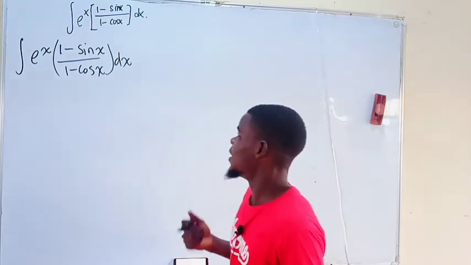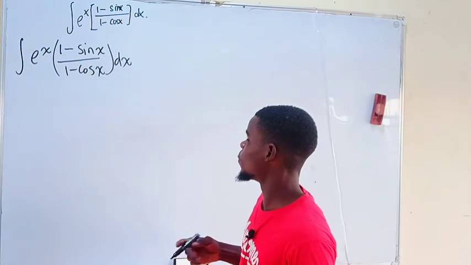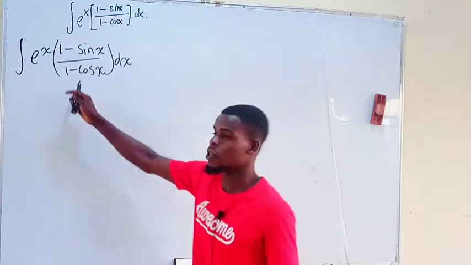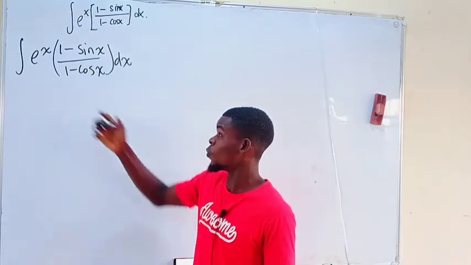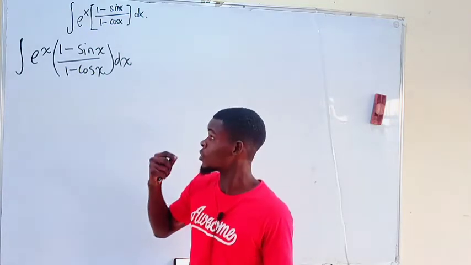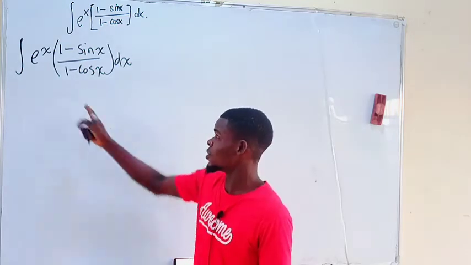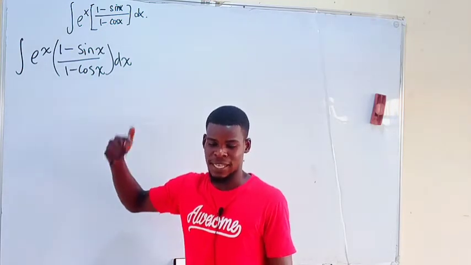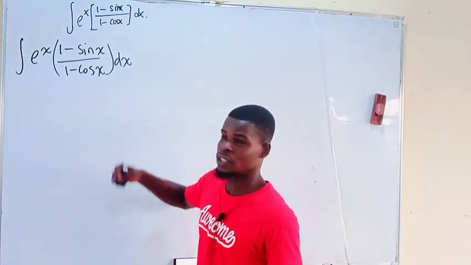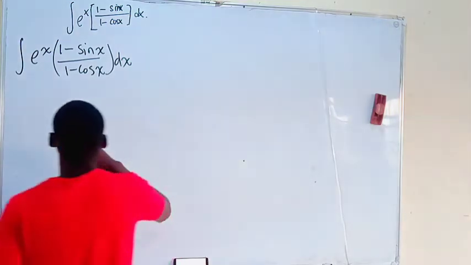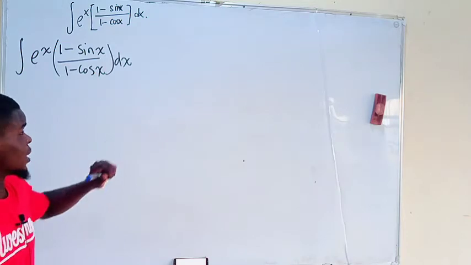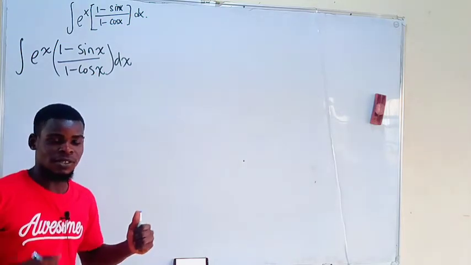Well, I know that 1 minus cosine squared x will give us sine squared x. I will try to get a single denominator to see if I can cancel. Let's just do something, right? Let's multiply top and bottom by the conjugate of the denominator, all right?